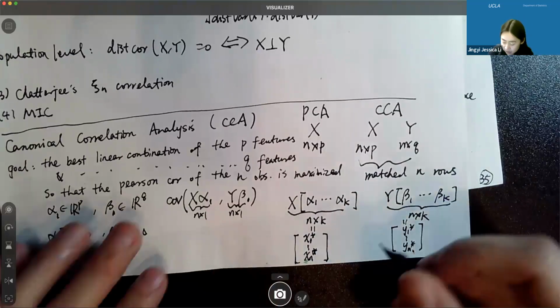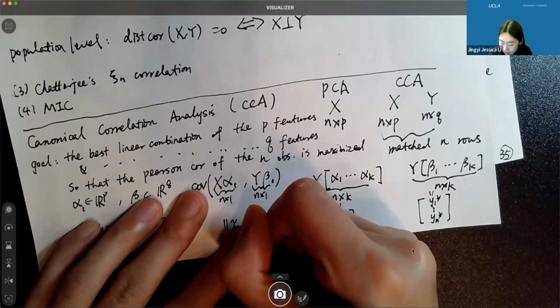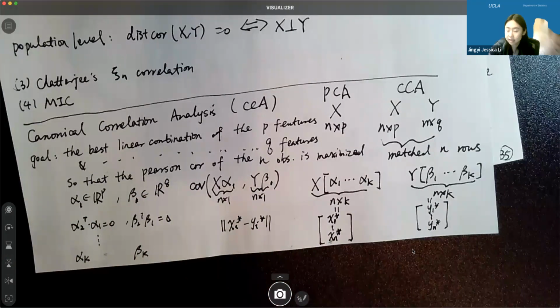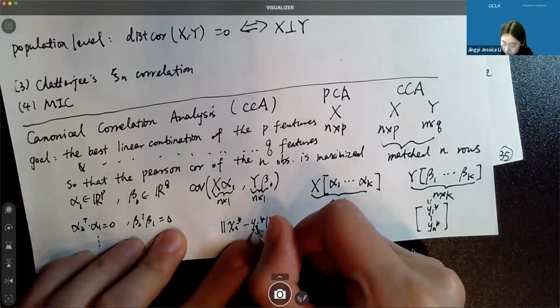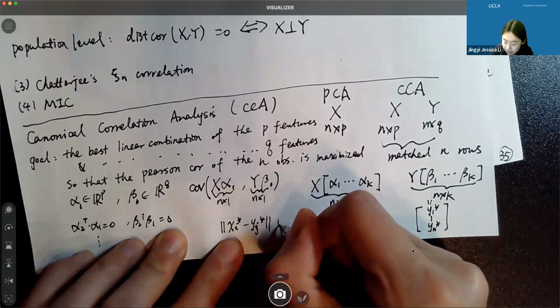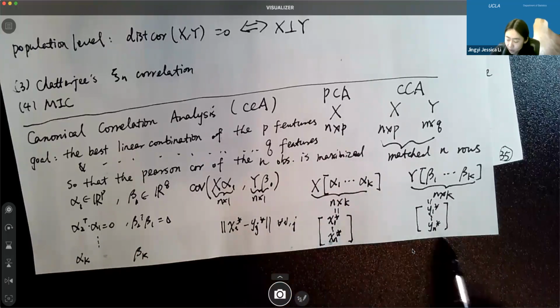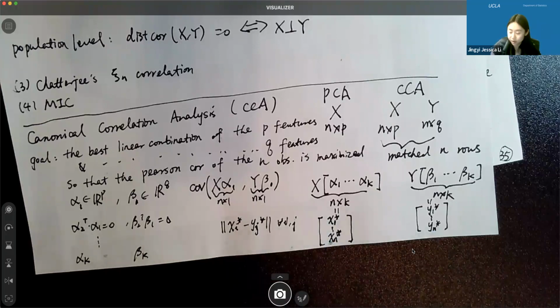Then I could compute the Euclidean distance between xi star and yi star. And what does that mean? Like in the single cell data matching problem, you can do that for any i and j, xi star and yj star. You could see if xi is matched well to another yj, if their Euclidean distances are good, then you may find some new matching. So that's something you could play with CCA.